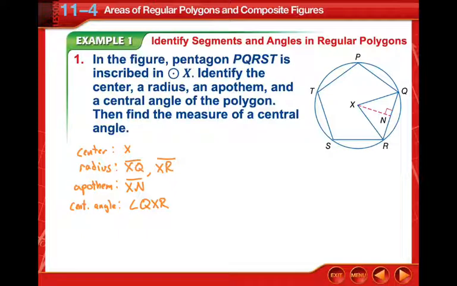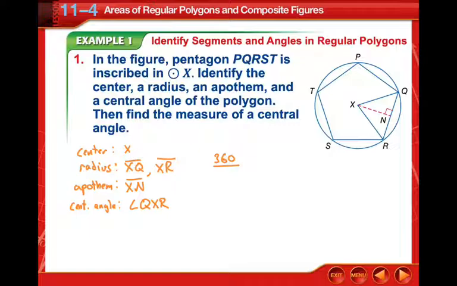So we know, again, looking back, if you remember back to when we were looking at polygons before, the central angle of a polygon is based off of the 360 degrees, right? If you're looking at the interior angles, that's different. But the central angle, you just take 360 and you divide it by however many sides there are.